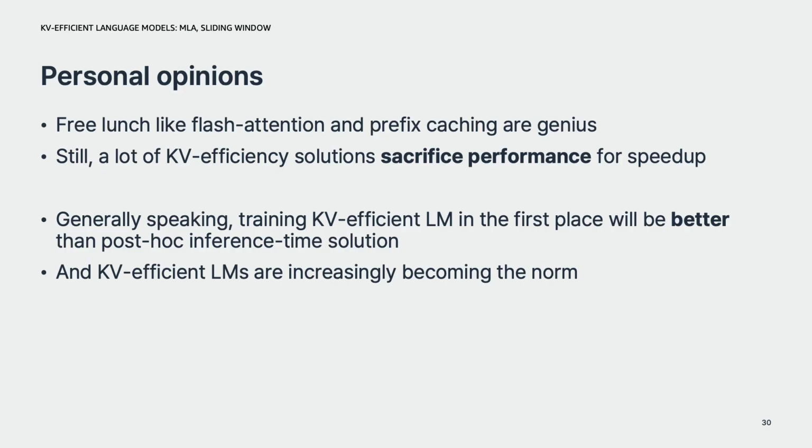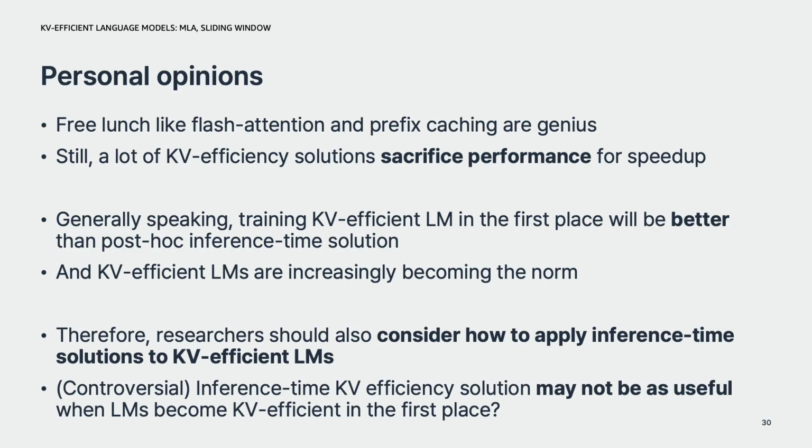So what are the takeaways? I think one obvious takeaway is that researchers should also consider how to apply inference time solutions to KV efficient language models, as they are increasingly becoming the norm.